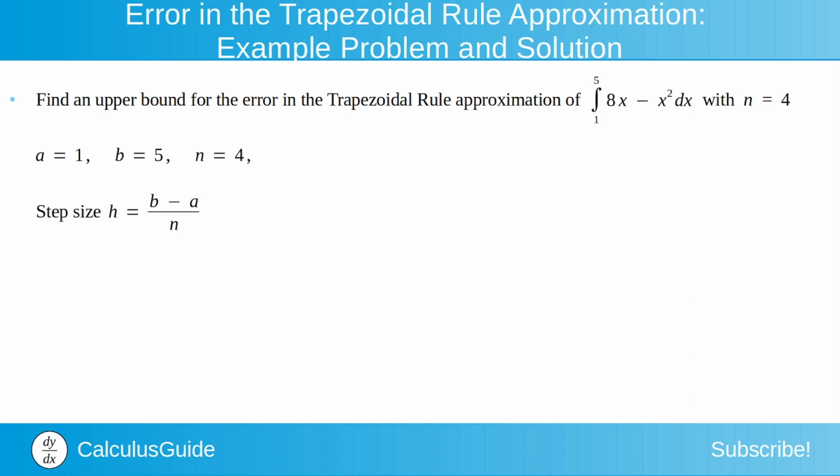The step size h is equal to b minus a over n, which is equal to 5 minus 1 over 4, which is equal to 4 over 4, which is equal to 1.